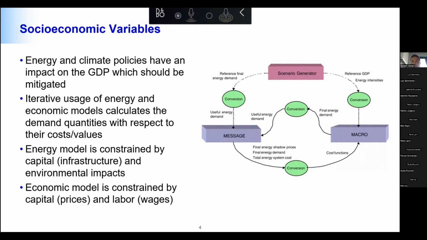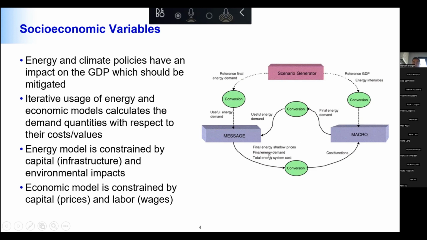To define the energy demand, we rely on socioeconomic variables. We have energy and climate policies which have an impact on production. And this impact, at least on the short scale, has to be mitigated.